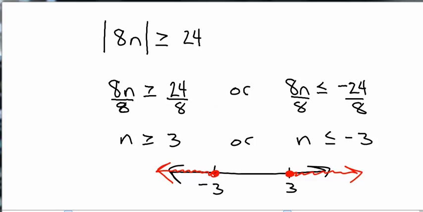Now, if you get a less than problem, like the absolute value of 5t minus 4 less than or equal to 16, what did I tell you to do if it was a less than problem? Here's what I mean by the variable in the middle. You take whatever's in the absolute value symbol, and it goes in the middle.